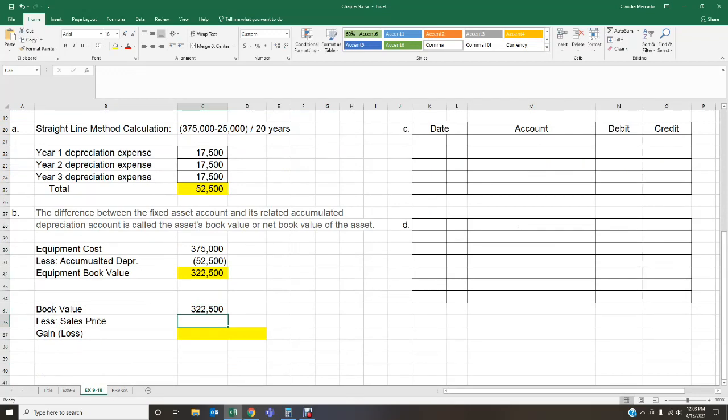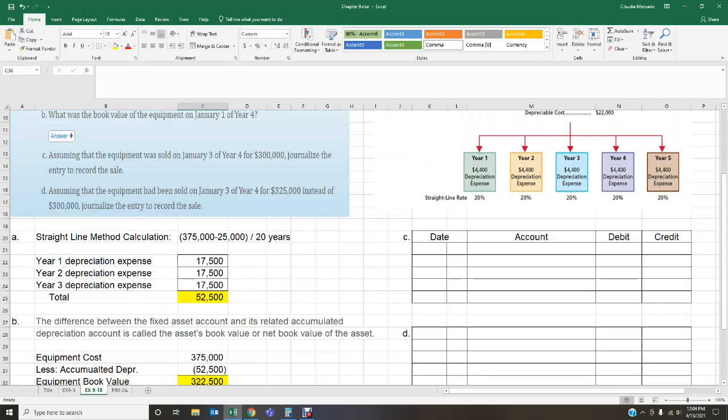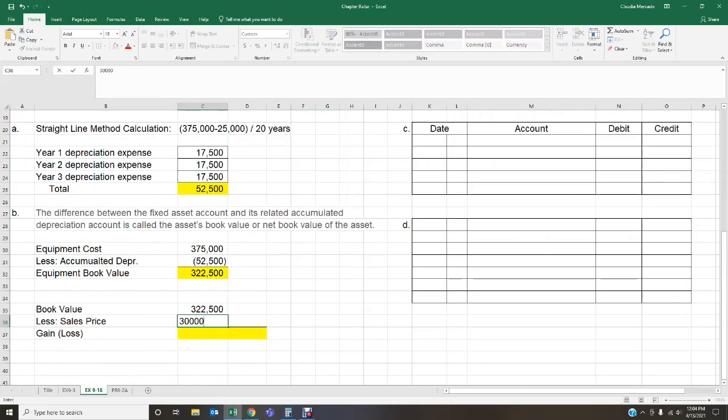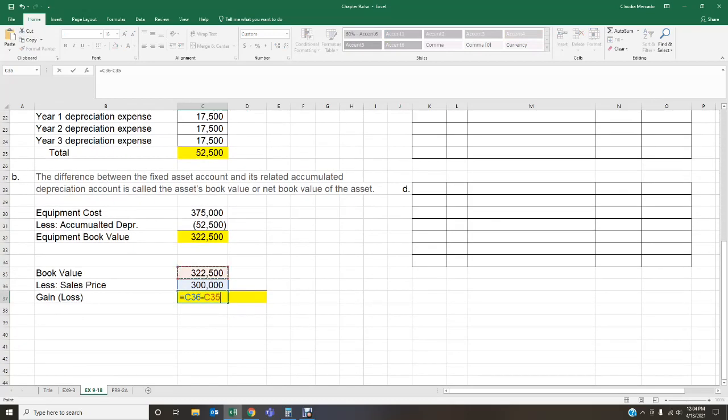It says here that we are selling it for $300,000. So I have it in my books for $322,500. I sell it for less. I sell it for $300,000. So my sales price minus my book value is going to give me a loss of $22,500.